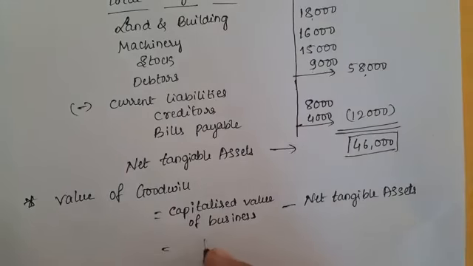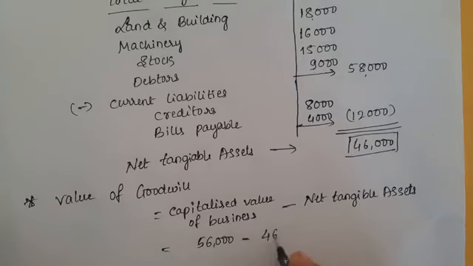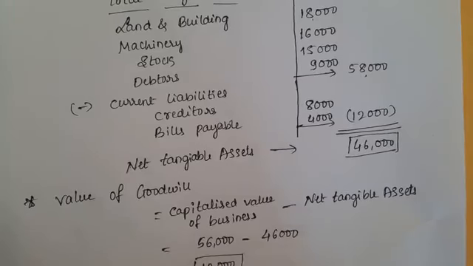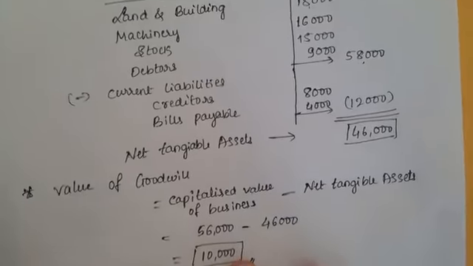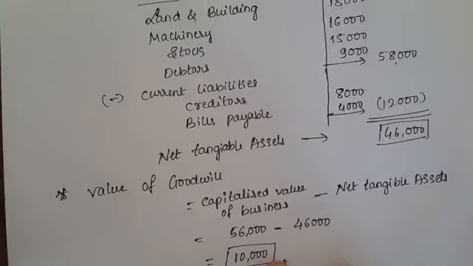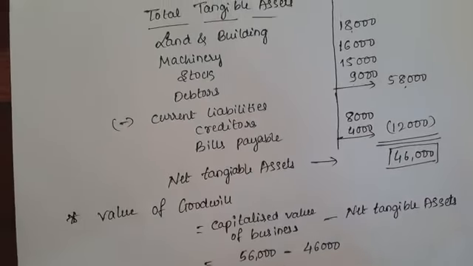Here the capitalized value of business is 56,000 minus net tangible assets 46,000. Then value of goodwill equals 10,000. This is the answer for Abhi Company Limited. That is the value of goodwill under the capitalized value of business.